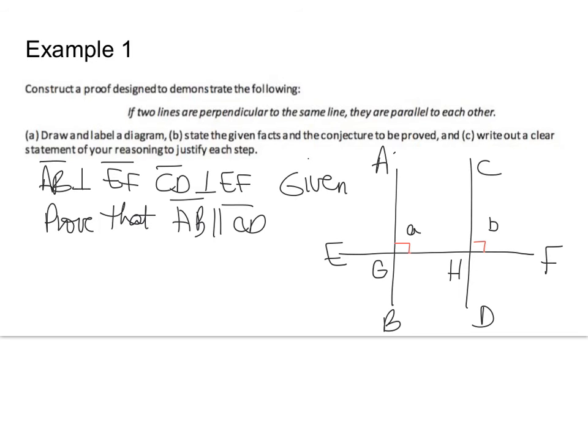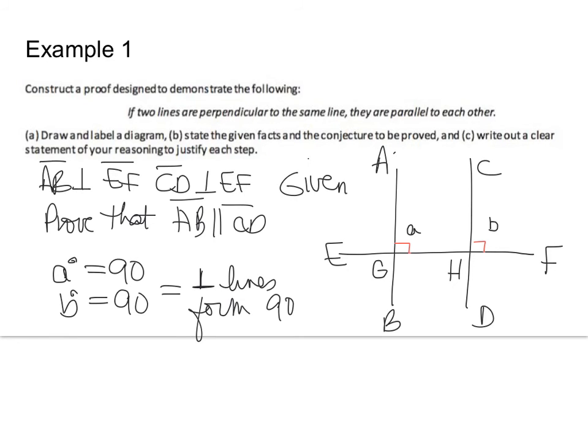So we do know that angle A is 90 degrees, and we know that angle B is 90 degrees. And we know that because perpendicular lines form 90-degree angles. Okay?